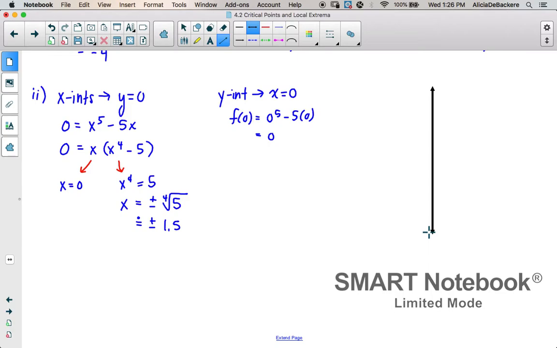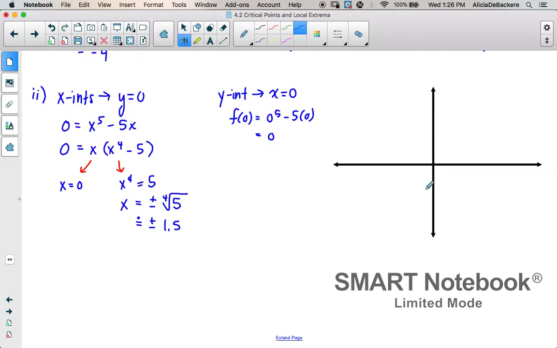I'm going to do a rough sketch at this point. Later on in the chapter, we're going to build more details, and then I'll do a more detailed grid for my graph. What I know here, I'm going to add each of these points that we figured out. So I've got the y-intercept, which is also an x-intercept, and then I have an x-intercept at negative 1.5 and an x-intercept at positive 1.5.